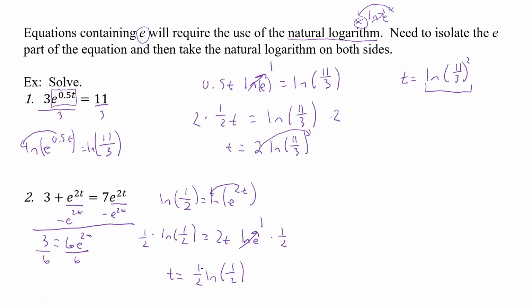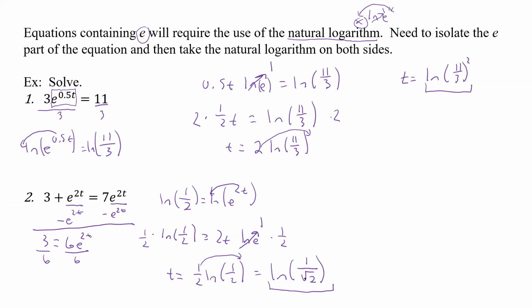Okay. Now 1/2, if we take that up to the top as an exponent, that's going to give me ln, and 1 to the 1/2 is going to still give me 1. 2 to the 1/2 is going to give me the square root of 2.